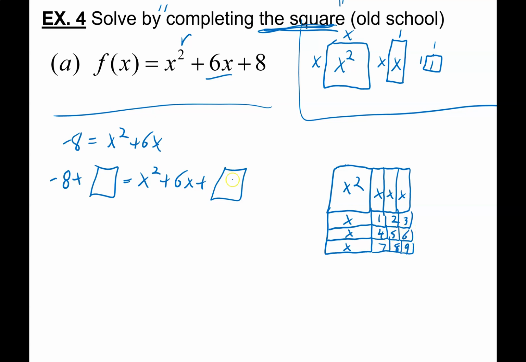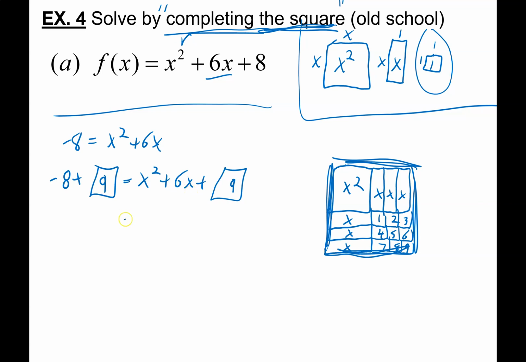So if I just added 9 of these little 1 by 1s, now I've got a square. Or in other words, I've just completed the square by adding 9. Which factors: x plus 3, x plus 3.